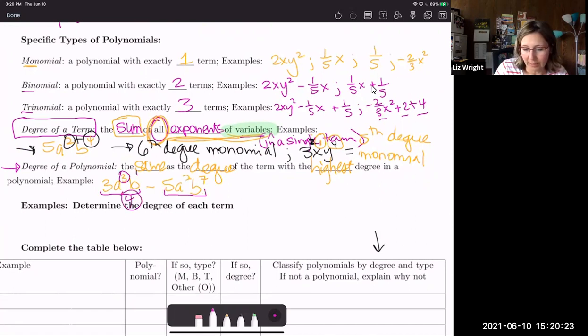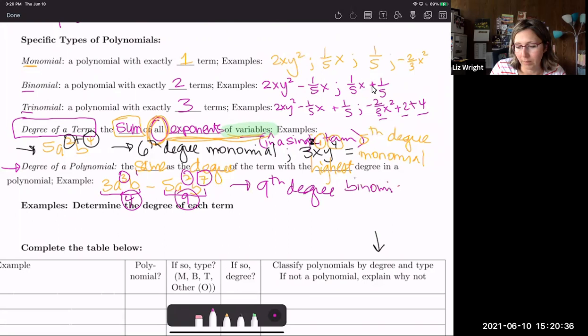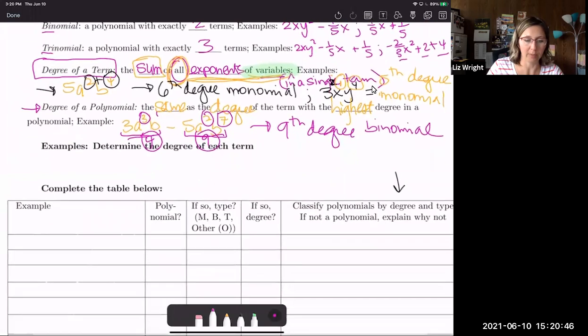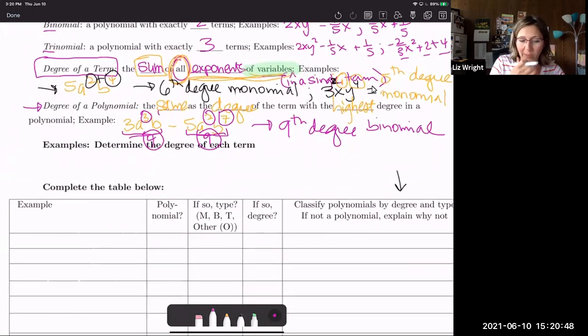And then 2 and 7, so we're counting those, is 9. So this one is a 9th degree binomial because it's a two-termed polynomial. All right. There's your example of finding the degree of your polynomial.